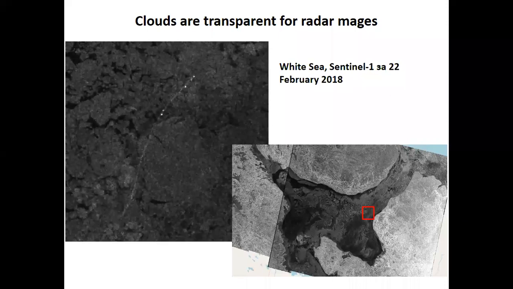Of course, radar satellites can be used to track ships and ice on seas. Ships are very well visible because they are mainly made of metal, but also the ice on the northern seas is very well visible in radar images.